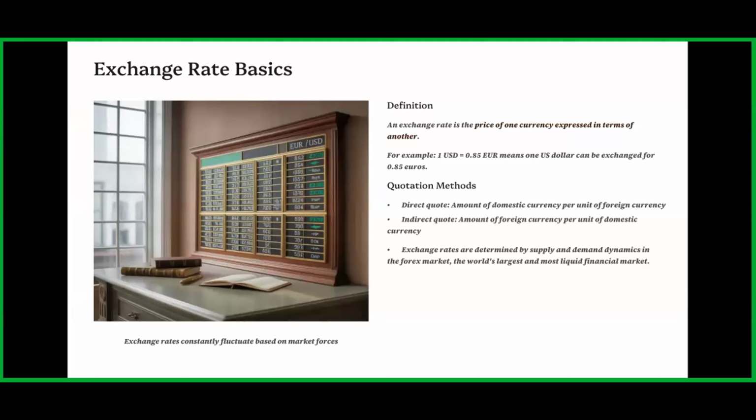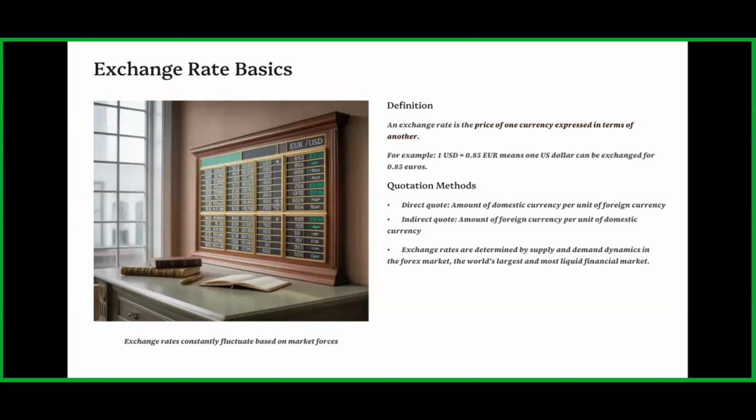Okay, so we can say the value of the euro is much stronger compared to the US dollar. But it is not so in the case of the Indian rupee. If we see today's value of the US dollar compared to the rupee, it is actually 88.05. So it's a huge value.